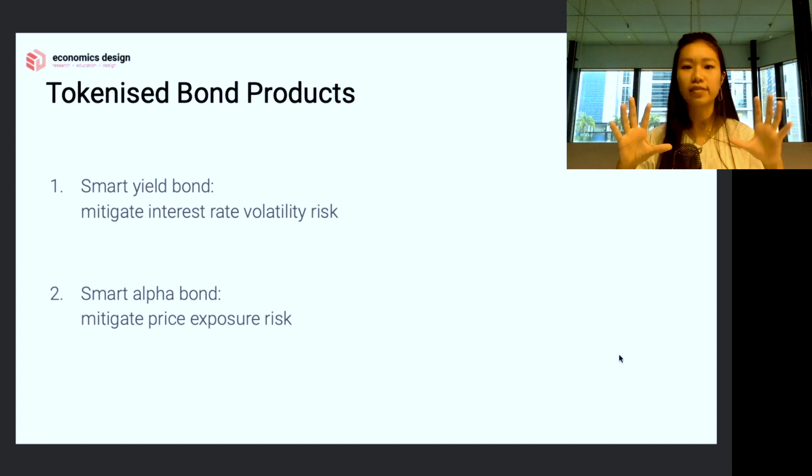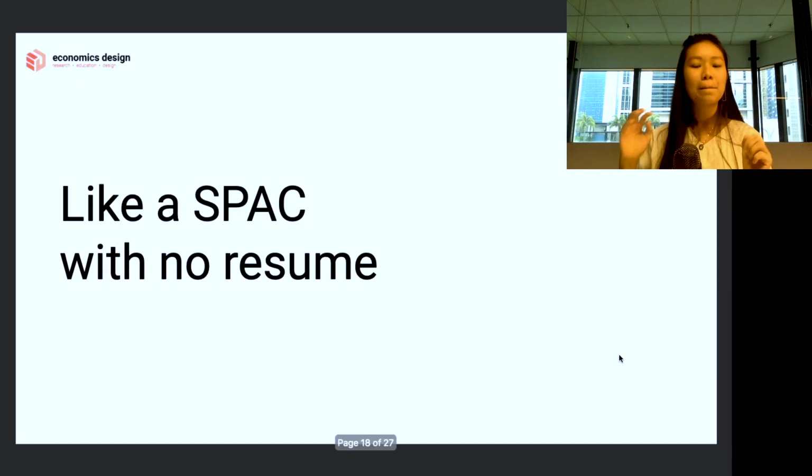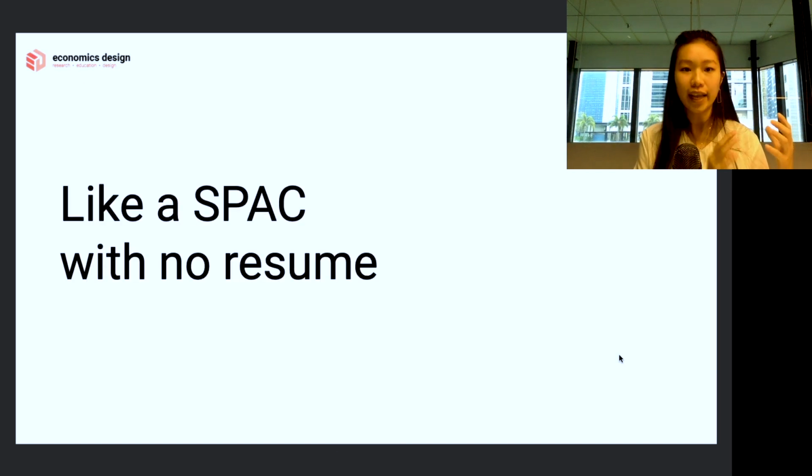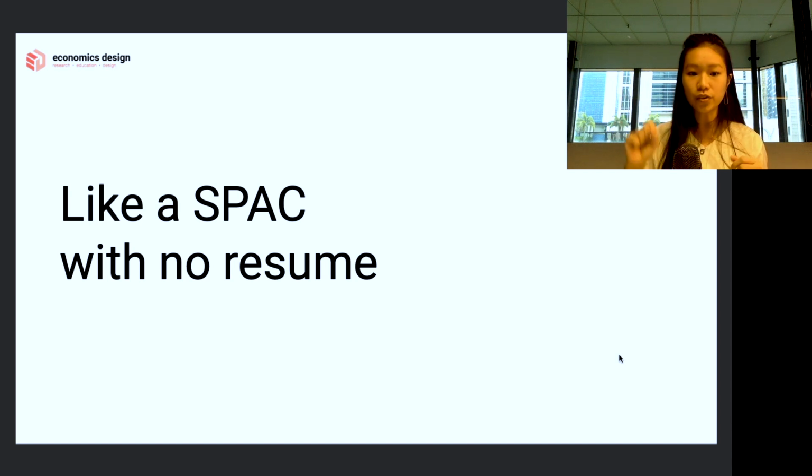So these are the two products that we're going to talk about, and we're going to explain them in terms of cookie jars. But for people who are in the space, who understand finance, who speak a bit of the finance language, what BarnBridge does essentially is like a SPAC. You know what a SPAC is, right? A special purpose acquisition company. What they do is they raise funds from the public, then they allocate funds into these different startups or ventures, and they will be collecting returns from them.